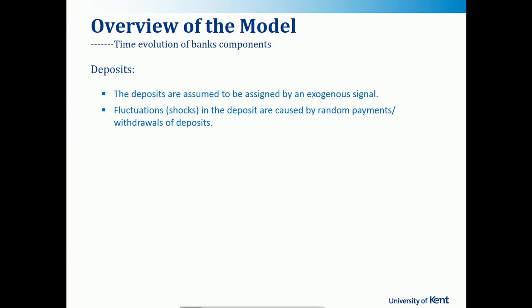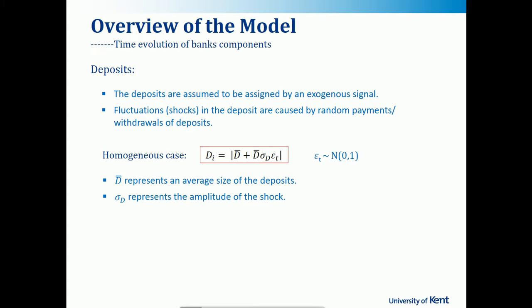The deposits are assumed to be assigned by an exogenous signal, which introduces shocks in the system. Fluctuations in the deposit are caused by random payments or withdrawals of the depositor. In the homogeneous case, D_I is the total deposit of bank I. It is equal to D bar, which is the average size of the deposit, plus a random shock.